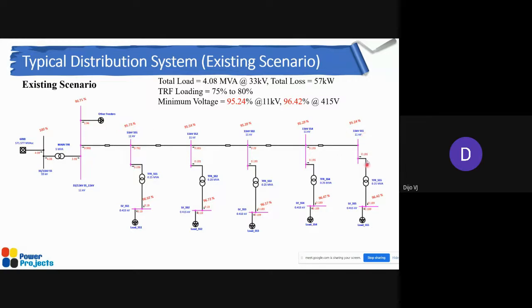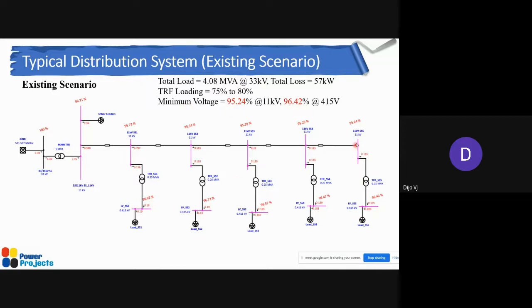On the last leg, the last transformer, it goes to 95.24, but on the secondary side you are getting 96.42. You can see the total load at the substation is 4.08 MVA, and most of the transformer loading is in the range of 75 to 80 percent.